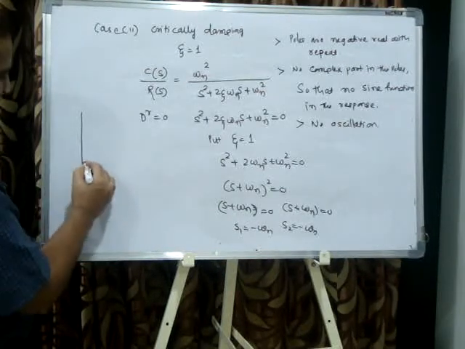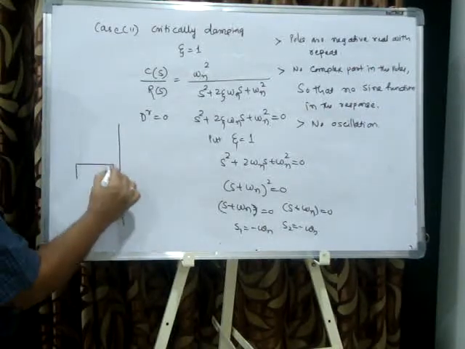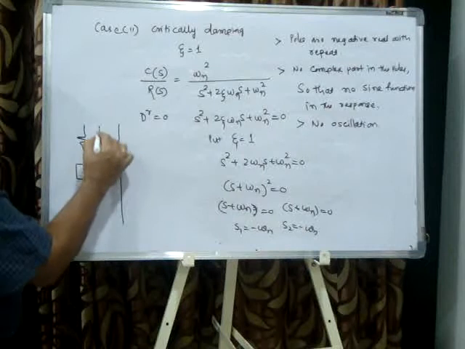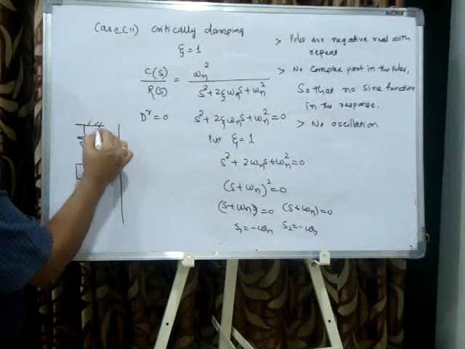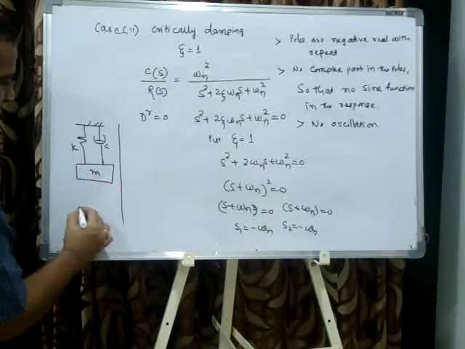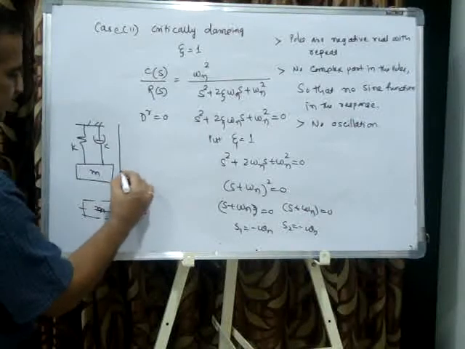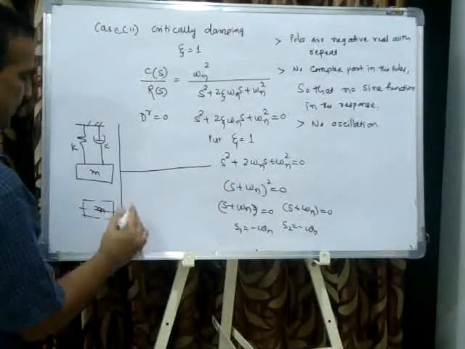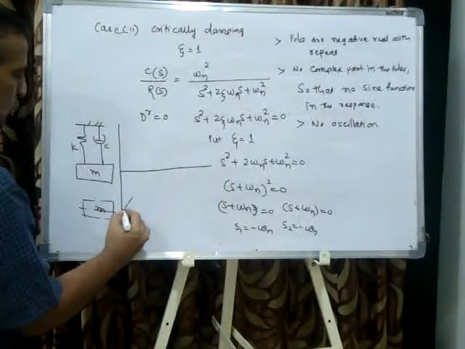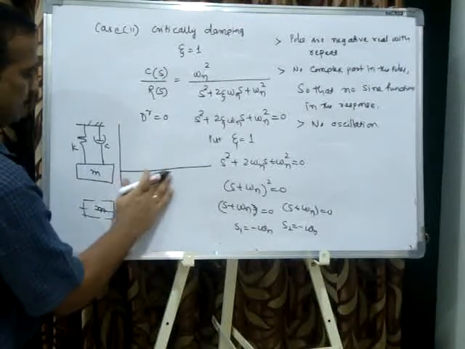So I can show here the same spring mass system, but zeta is equal to 1. Okay, viscosity of the oil I have increased. If I pull this mass below by certain amount and leave it, it goes slowly and stops.